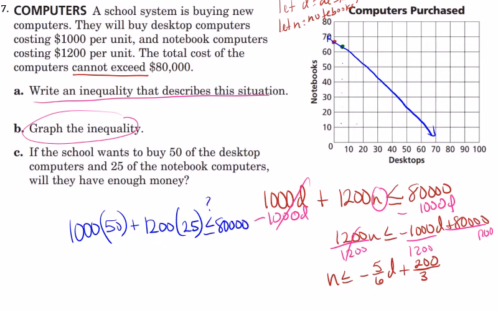Remember, this is a closed inequality now, so it's either true or false. I want to see, is this side less than or equal to this side? So 50 times 1,000 is 50,000. 1,200 times 25 is 30,000.